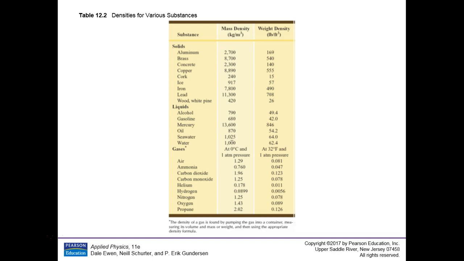You don't need to know these. I'm just pointing them out. Cork, which is that certain type of a wood material from a certain type of a tree, that floats. I mean, they used to use it for fishing lures, fishing bobs. Quartz is down at 240 kilograms per cubic meter, or 15 pounds per cubic feet, which you'll notice is a lot less dense than water.